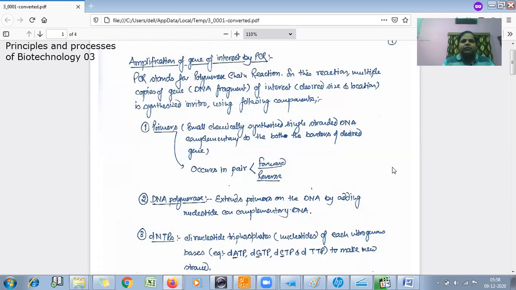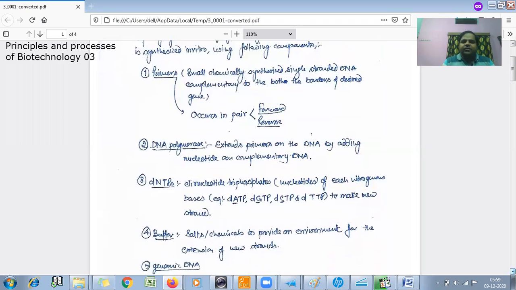It means if we want to get a small piece of DNA, we can synthesize it synthetically in different sizes, and it may be present at different locations. Means at different locations we can get a synthetic fragment of DNA by using this technique, which is known as PCR, polymerase chain reaction. So now we will see what are the components we need to use in this reaction.